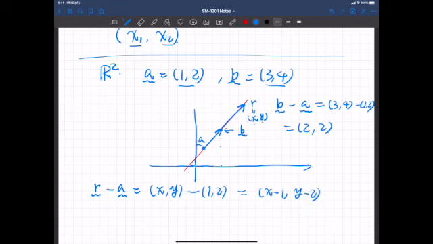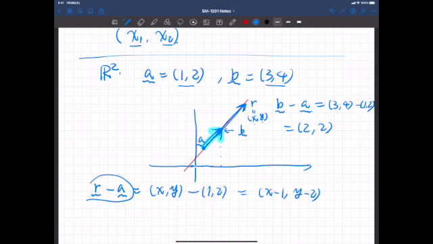So if R is any point on this line, it must be a scalar multiple of this vector AB. This is the vector AB, and any point on this line must be a scalar multiple of AB.